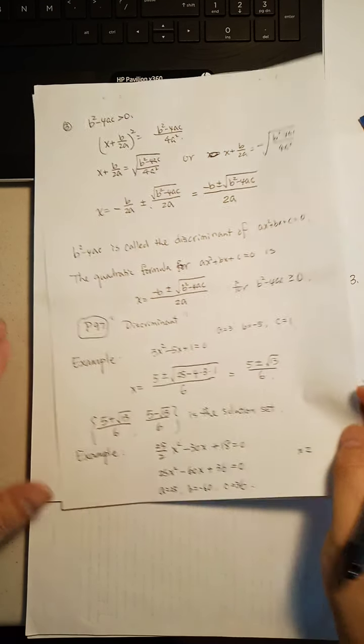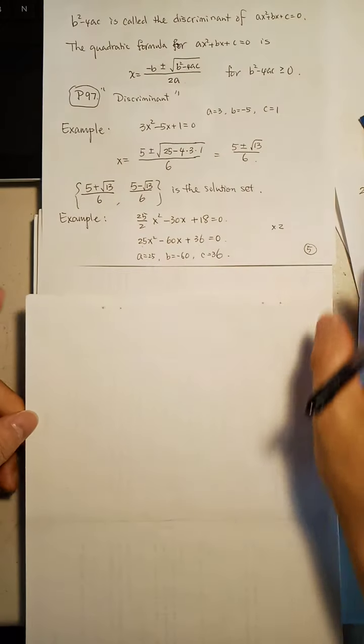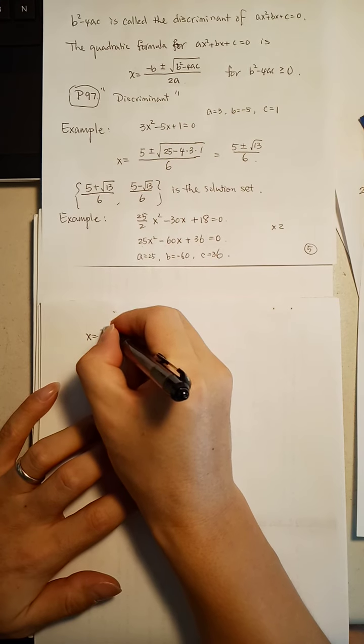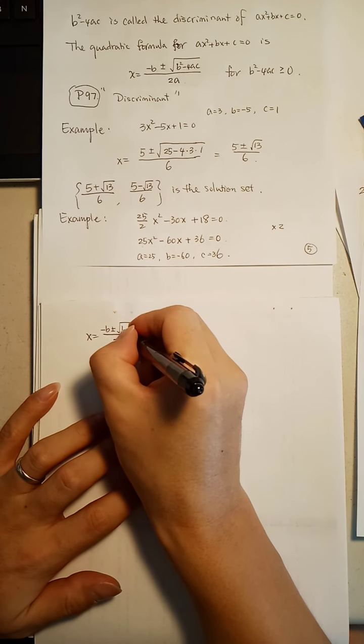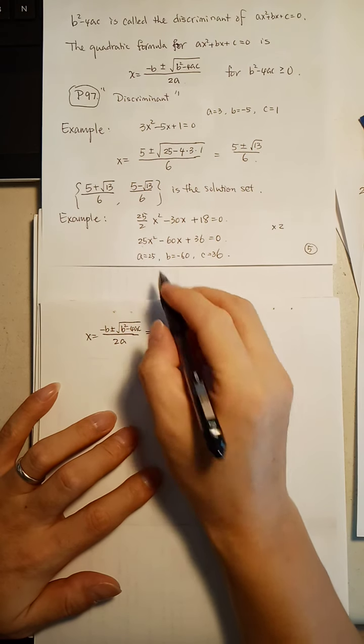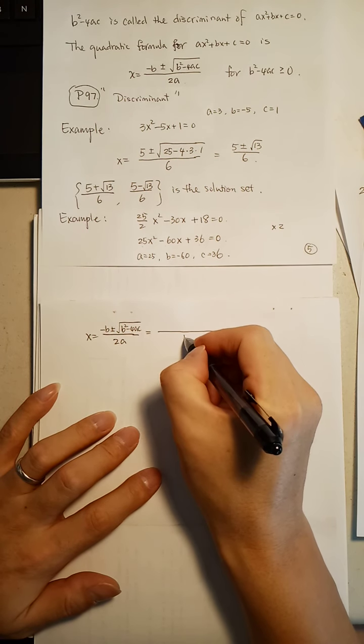Now let's follow the formula. Remember that x is negative b plus or minus the square root of b squared minus 4ac, over 2a. A is 25, 2a is 50.